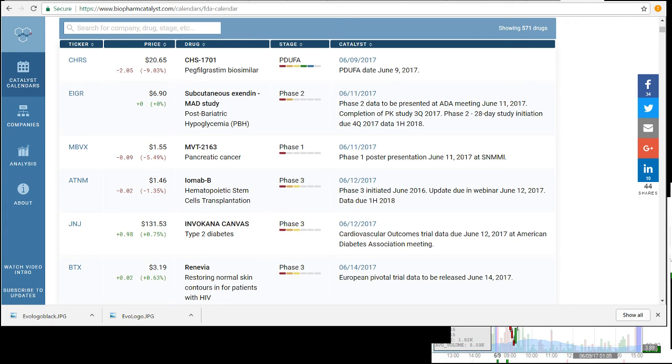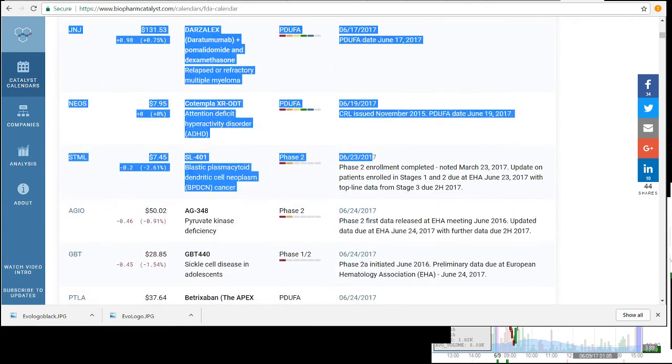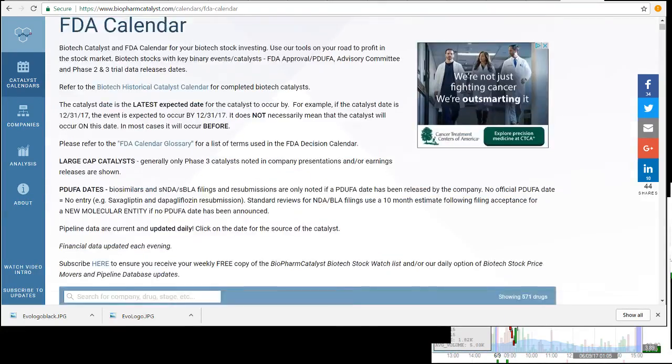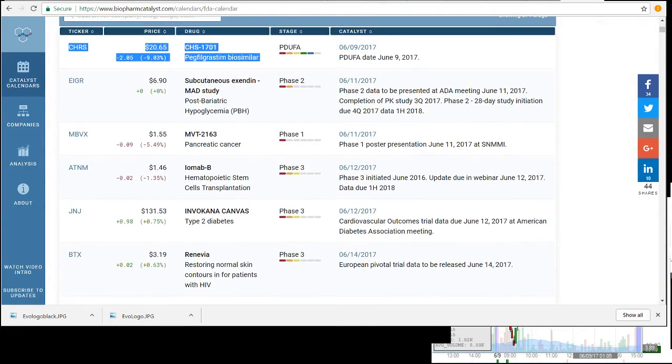Yeah, Evo mascot, yeah, for sure. I always pull this up to see what kind of drugs are going up, what stages they're in right here. I don't know if you can see me highlighting, but it shows what stage it's in, when's the catalyst date.